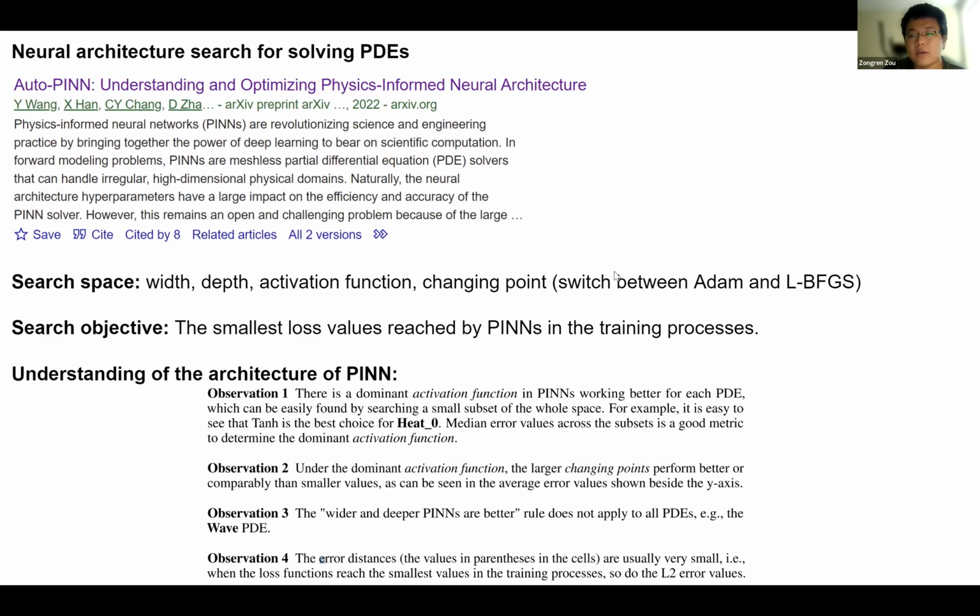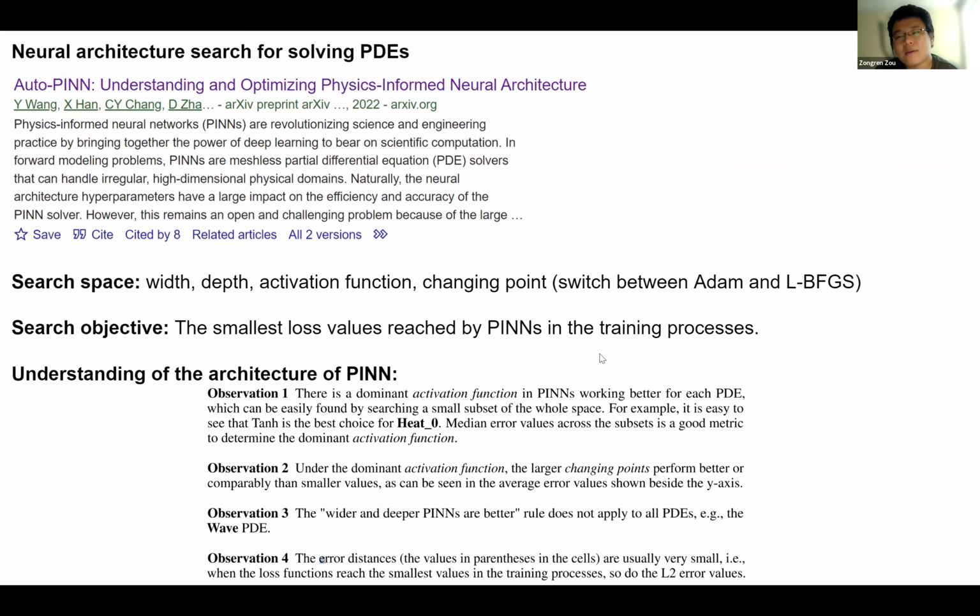So normally when we train PINNs, we first use Adam for a long time, for a certain period of time, and then we switch to LBFGS for higher precision. And the search objective is the smallest loss values reached by PINNs in the training process.